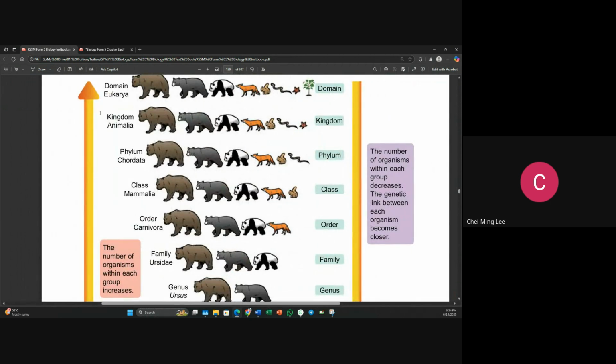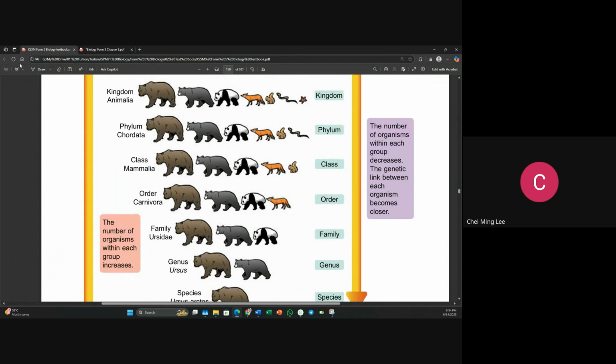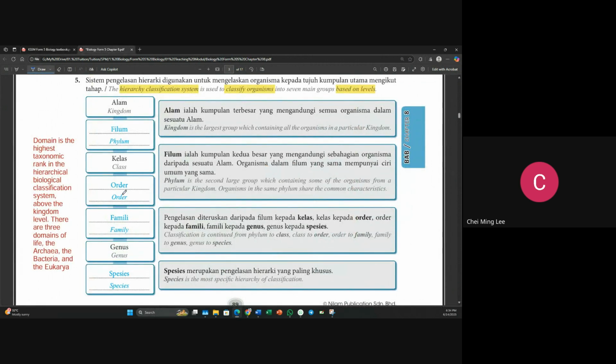After the phylum, they go for class. So the classification, we start from phylum to class, class to order, order to family, family to genus and species. Species is the most specific level of the classification.